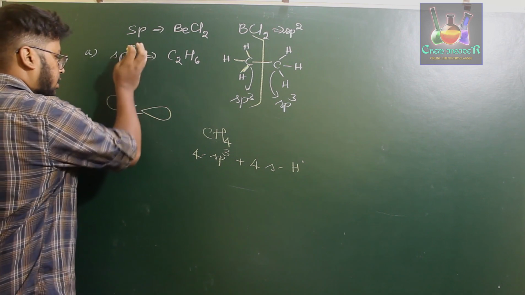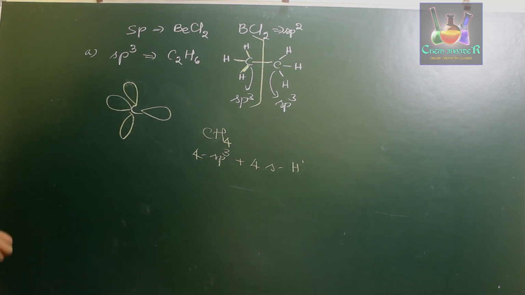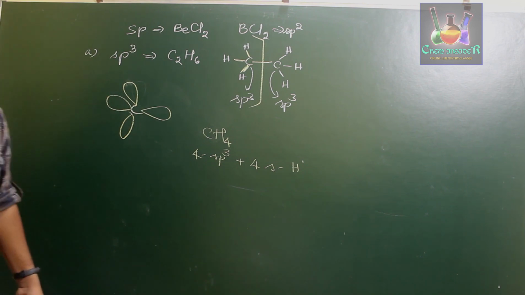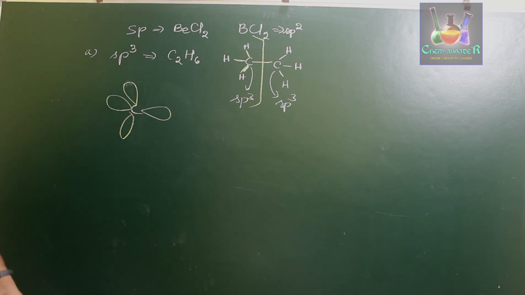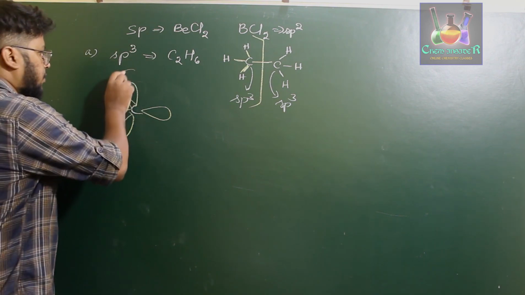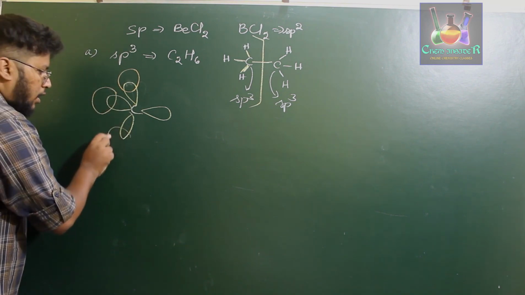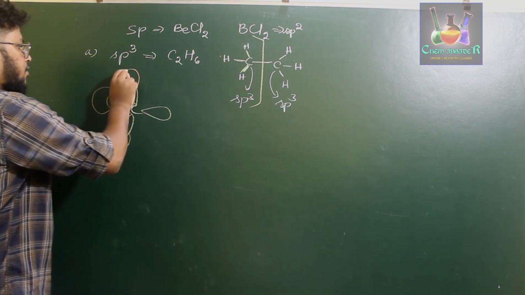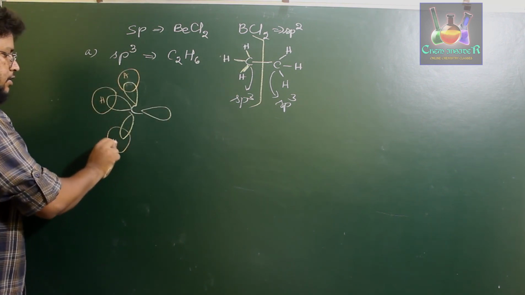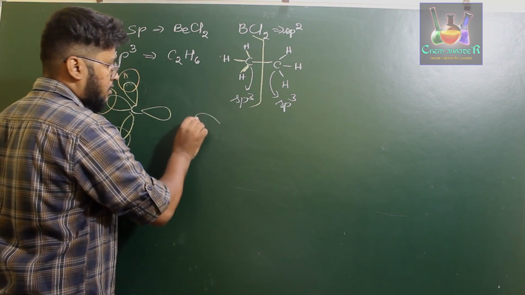Out of these 4 sp3 hybrid orbitals of carbon, 3 of them will be overlapping with the 1s orbitals of hydrogen. So this will be the 1s orbital of one hydrogen, this the 1s orbital of another, and this the 1s orbital of the third hydrogen. Similarly, the other carbon will be undergoing hybridization like this.